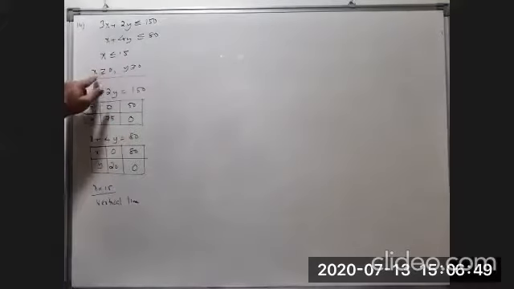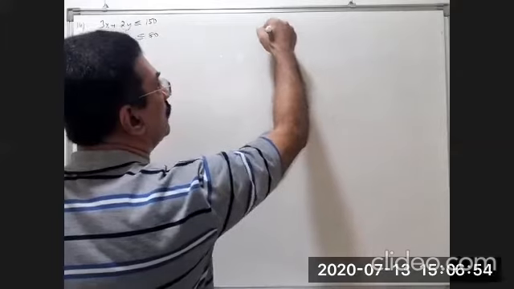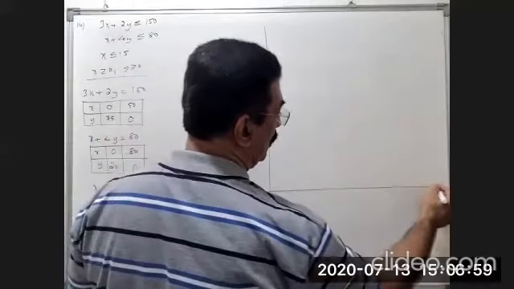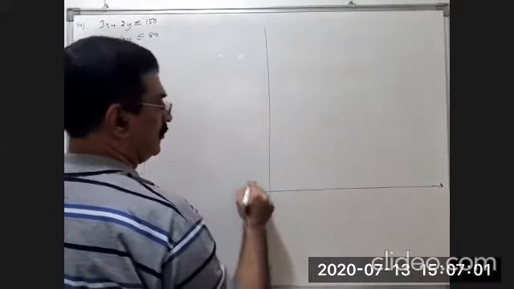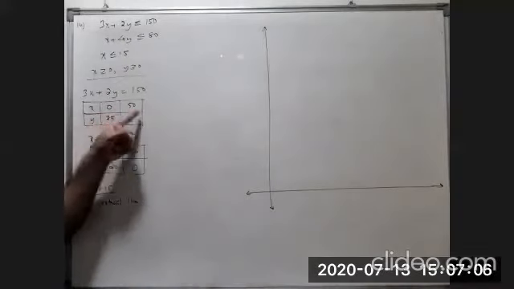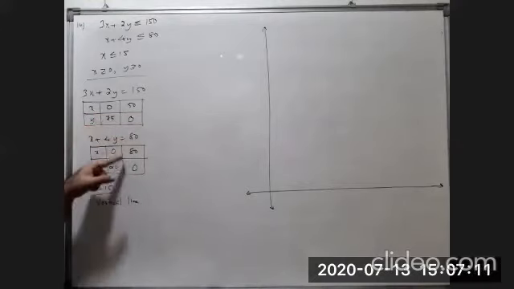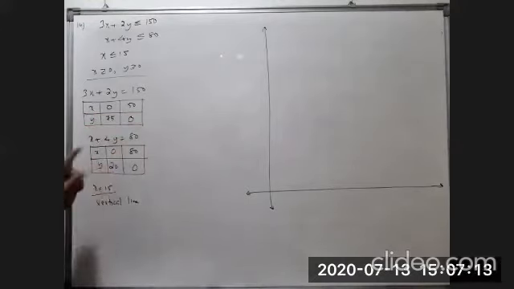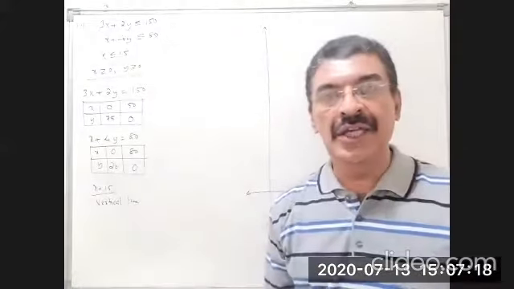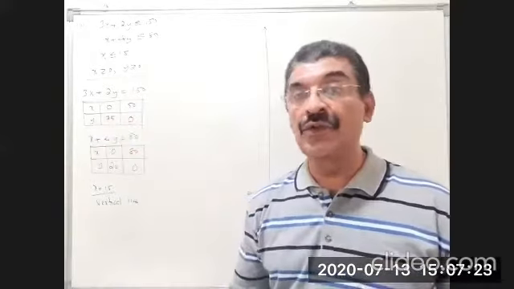Now, since x and y both are greater than or equal to 0, it is better to take only quadrant 1. Draw only quadrant 1. See, the highest value of x is 80 and of y is 75. So taking the scale, always look at these values; you can choose your own scale.